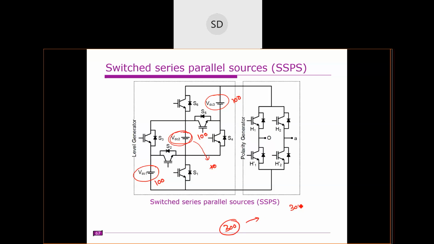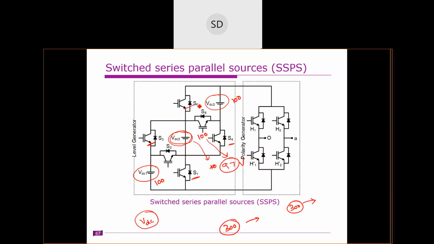Now we are getting 300 volts, and this 300 volts is feeding the load. When this happens, this voltage will be slightly reduced. Assume this voltage is reduced to 97 volts. But when you obtain the VDC level, again we need to turn on S1, S4, S3 and S6.